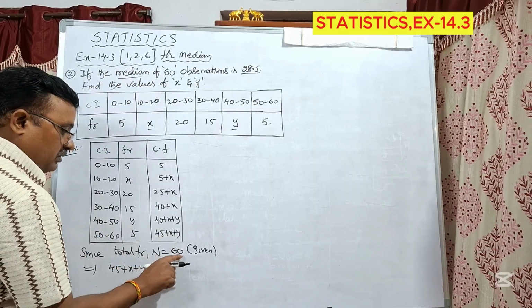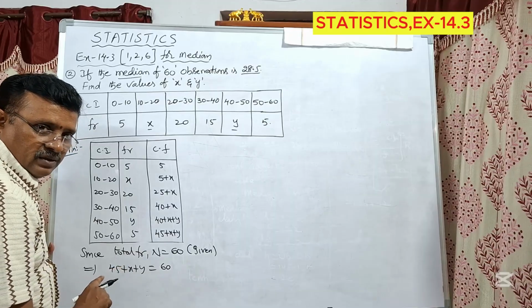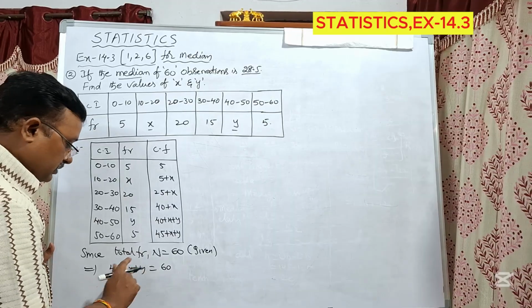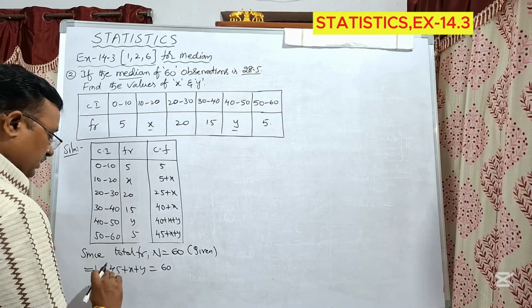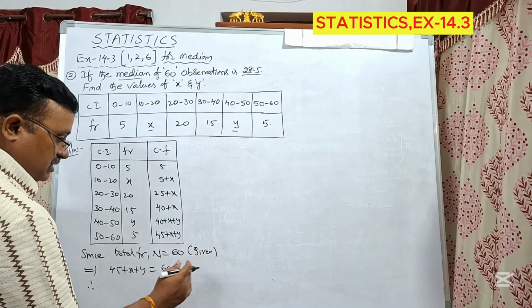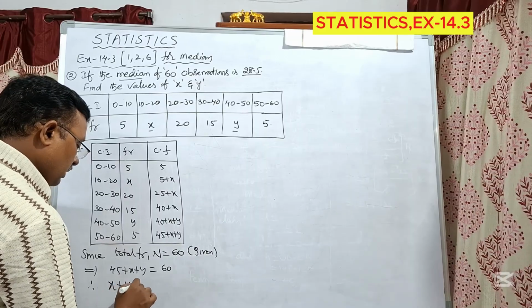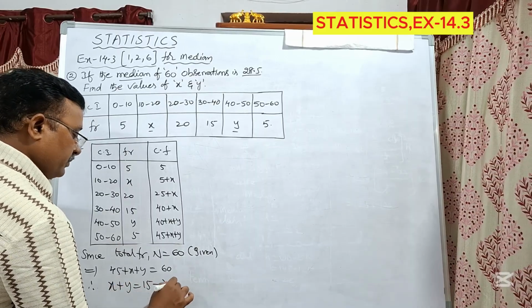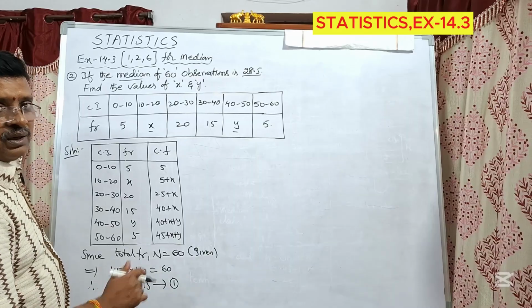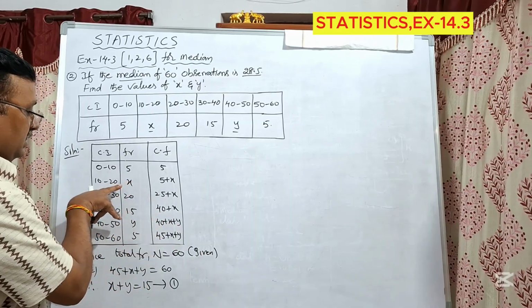So n equal to 60 implies 45 plus x plus y equals 60. Therefore, send 45 to the other side: 60 minus 45 is 15. So x plus y is equal to 15. That is the first equation to find the two variables x and y.